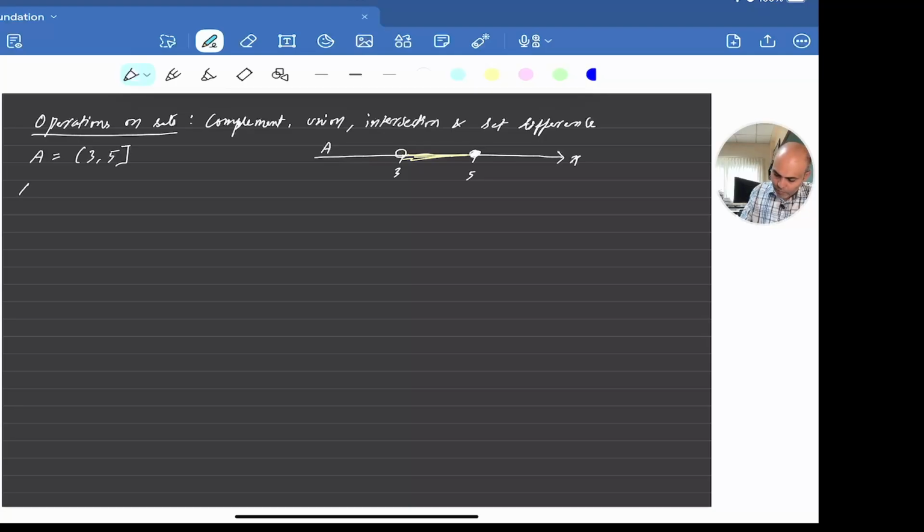Complement of A is denoted by the symbol A prime.